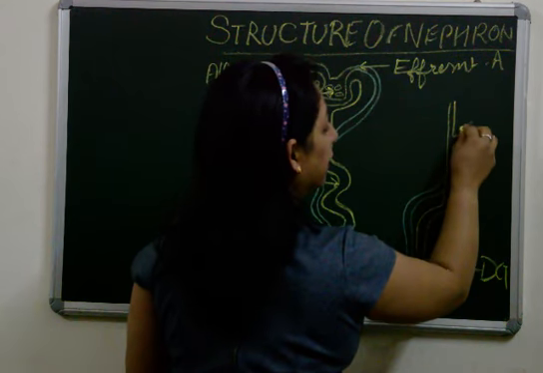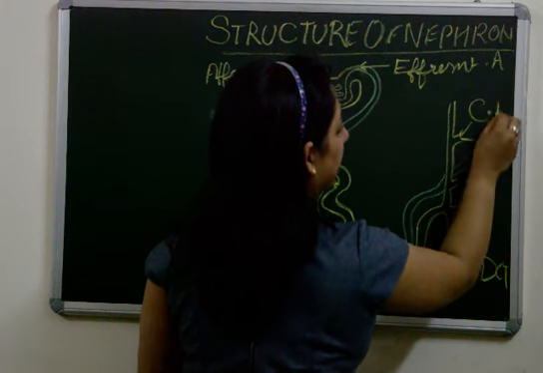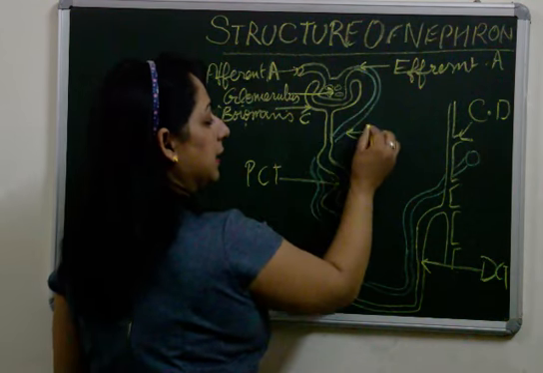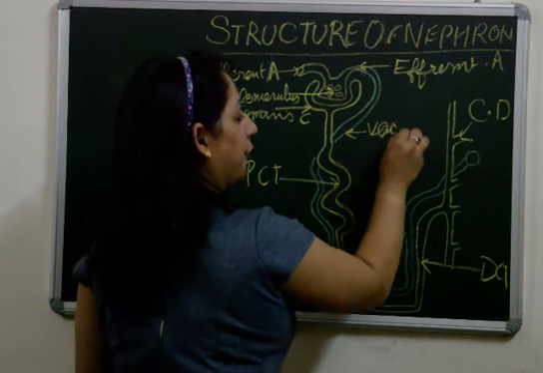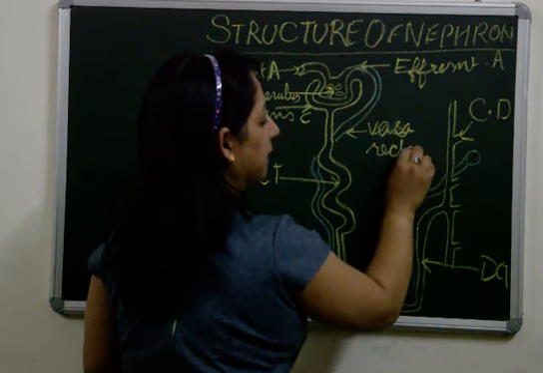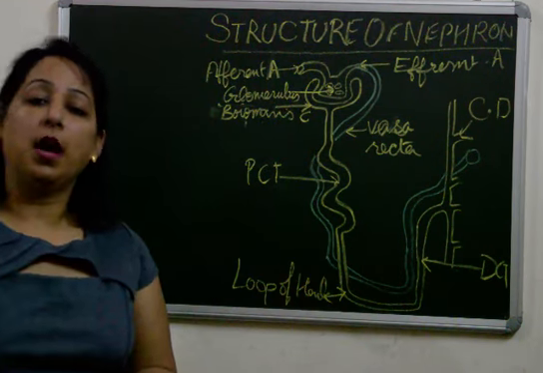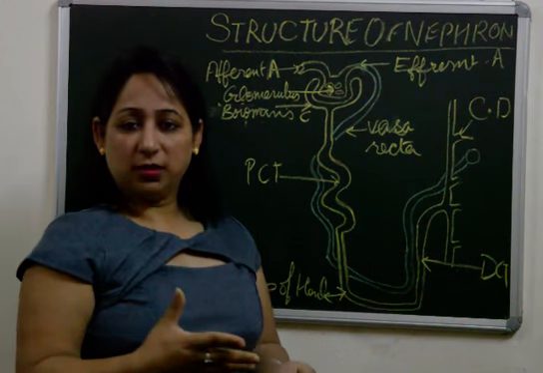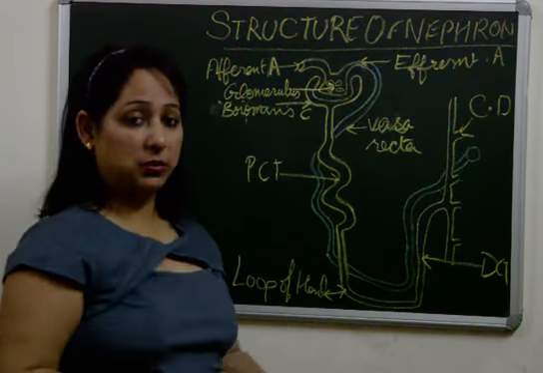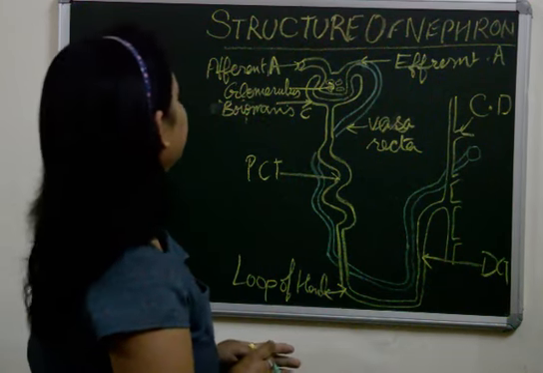These regular tubes are known as collecting ducts, and this tube drawn here with green is known as vasa recta. Now, while explaining the structure, I'll be very precise and I'll be explaining all the parts one by one. Please do listen carefully.